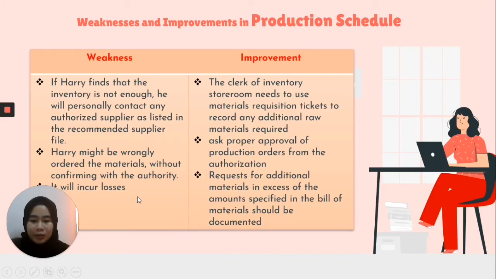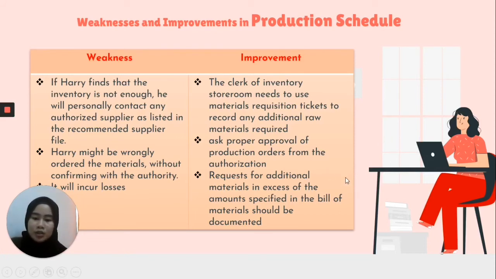So the right way to request additional materials is that the clerk of the inventory storeroom needs to use materials requisition tickets to record any additional raw materials required. The clerk of inventory also needs to ask for proper approval of the production orders from the authorizations. Any request for additional materials in excess of the amount specified in the bill of material should be documented.